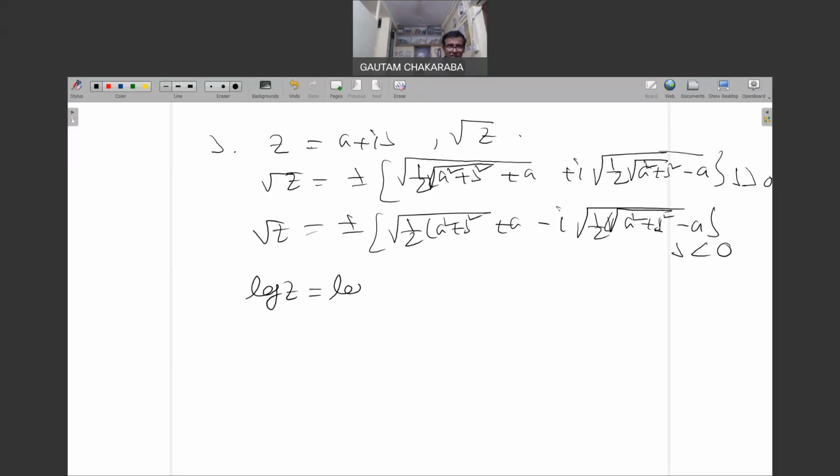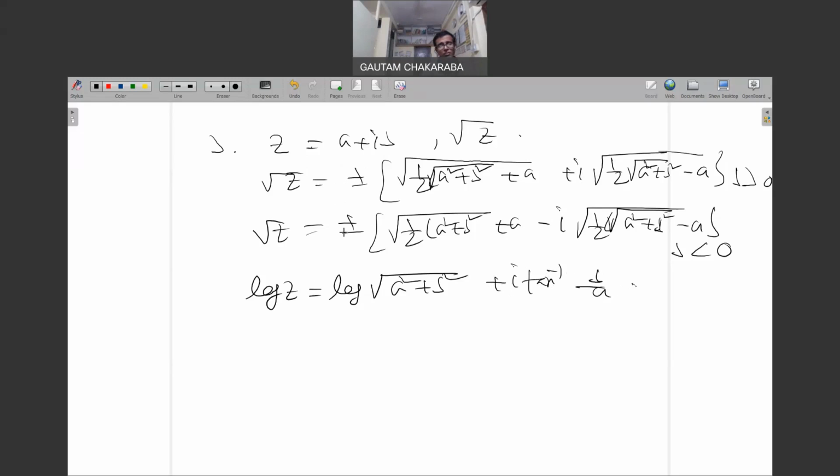Logarithm of Z, if you take Z equal to A plus IB, is half logarithm of A squared plus B squared plus I tan inverse B by A. Okay. This is square root identities.